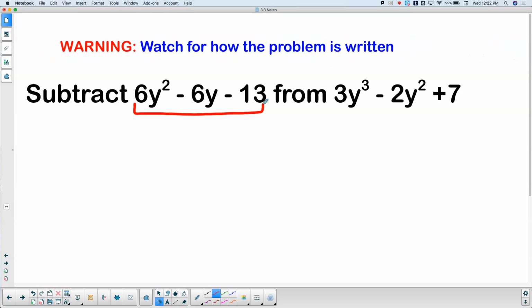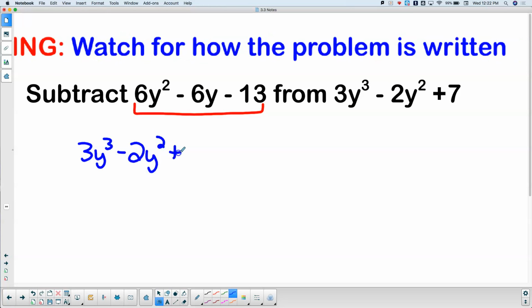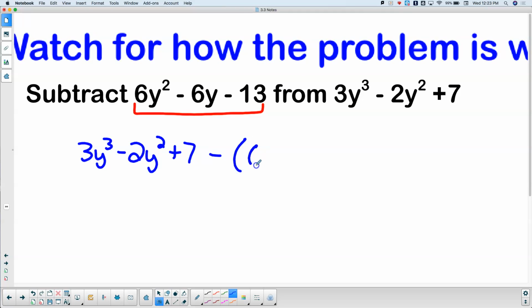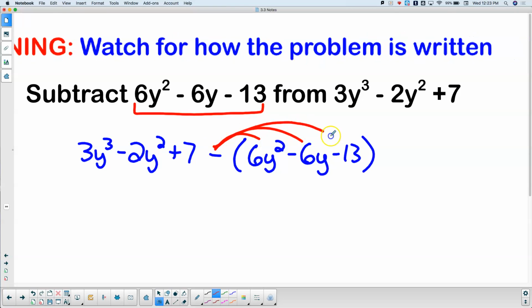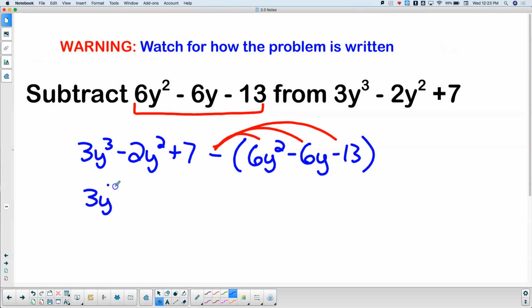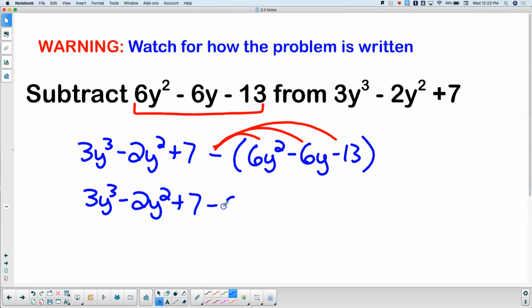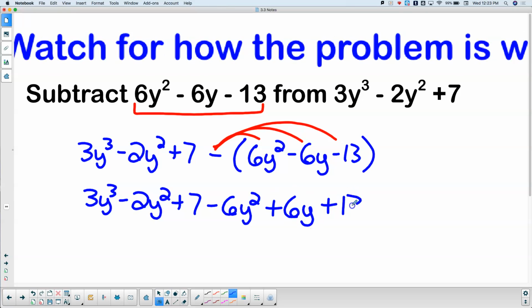So this problem is actually 3y cubed minus 2y squared plus 7 minus 6y squared minus 6y minus 13. Which then, when I distribute that negative sign in, that's going to give me 3y cubed minus 2y squared plus 7 minus 6y squared plus 6y plus 13.